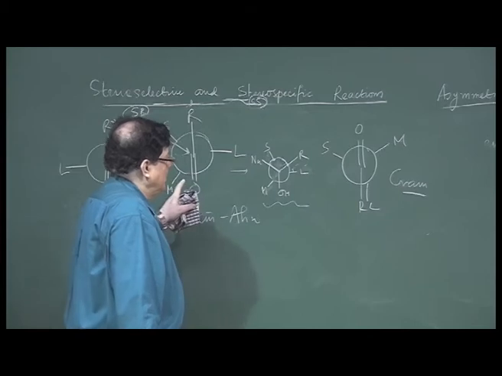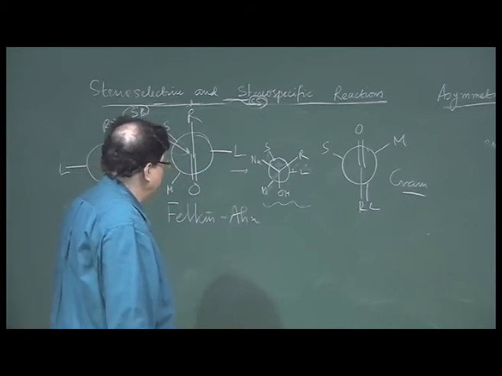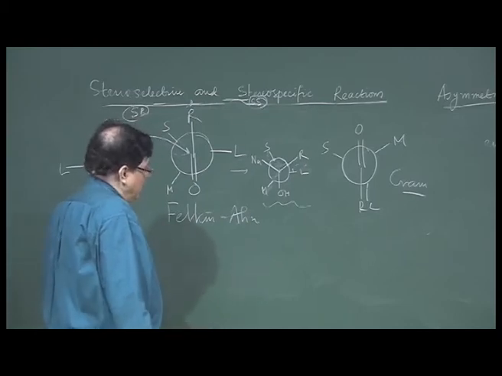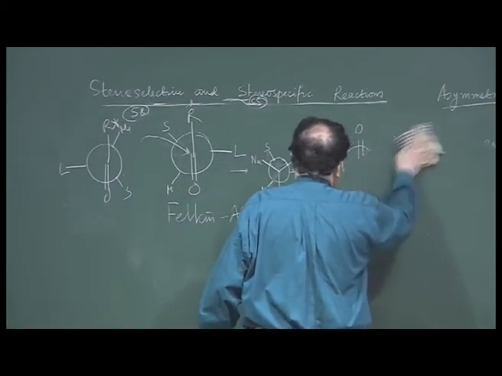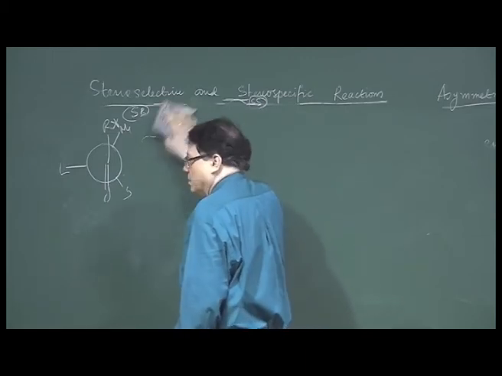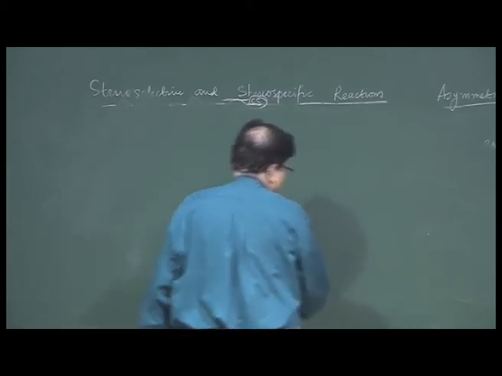Later on, this was supported by quantum mechanical calculations. So, now many people prefer the Felkin-Anh model and not the Cram model. We will discuss some other systems, some of the tricky systems where Cram had to extend his model, or Felkin also had to extend his model.